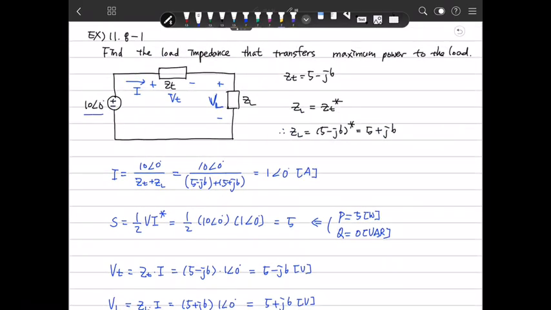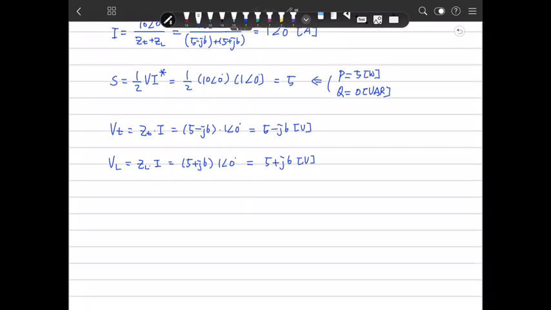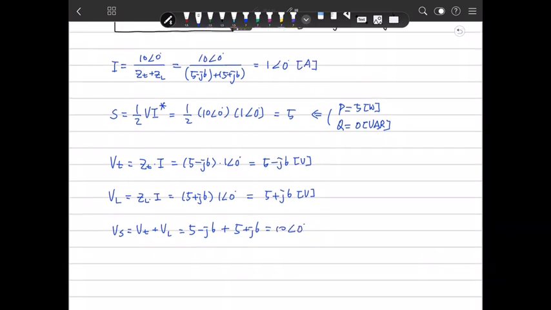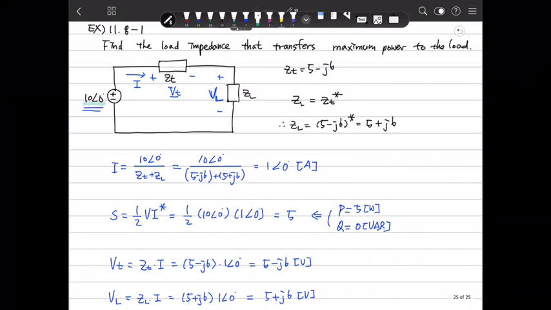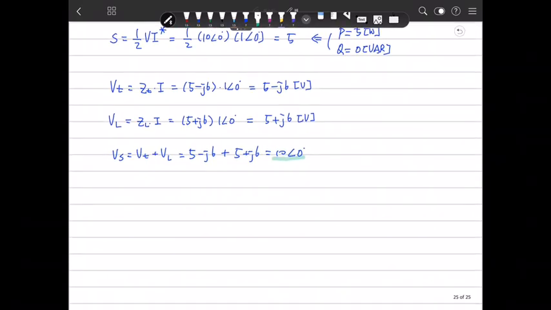So we need to check whether that is right. Vs is the sum of Vt and Vl. Vt is 5 minus j6 and Vl is 5 plus j6. There will be 10. So this result is exactly the same as the given variable, so it's right. Then I need to calculate the power consumed by the transmission line, ST. ST is half Vt I conjugate.